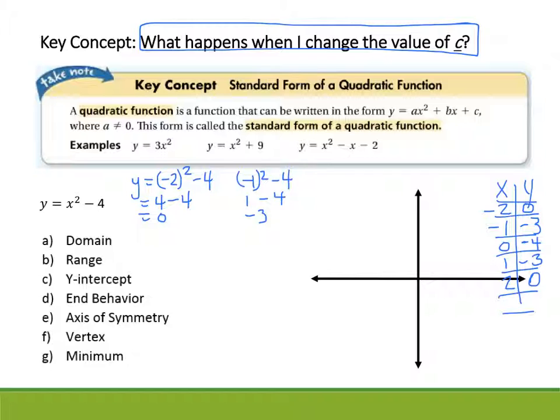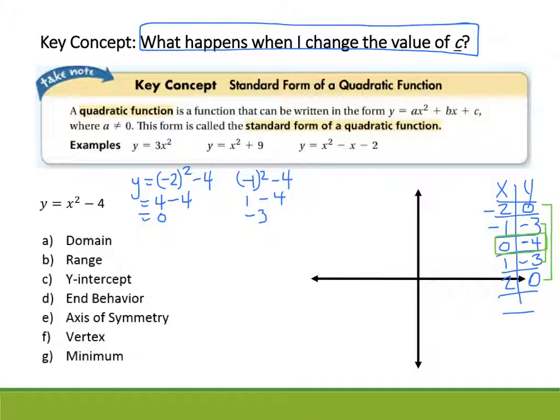So again, I'm still getting some y values that are the same, these and these. And then here, notice that this does not have a repeated y value. That is going to be the vertex of my graph. Notice that it's no longer 0, 0. Now this is 0, -4.